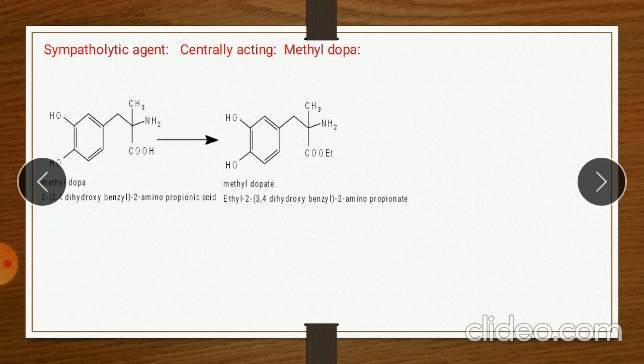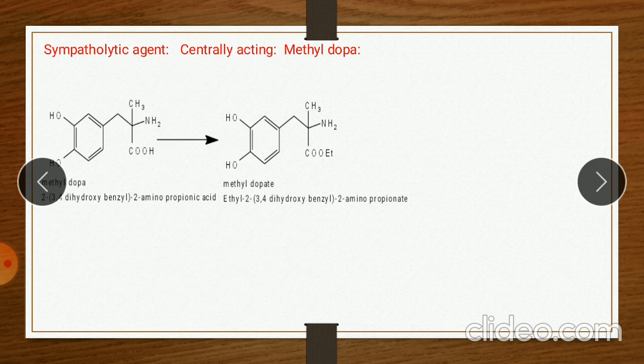Now the first class given in your syllabus is sympatholytic agents, that is, centrally acting drugs. The example is methyldopa. This is the structure of methyldopa. Methyldopa is structurally and chemically related to L-dopa and catecholamines.